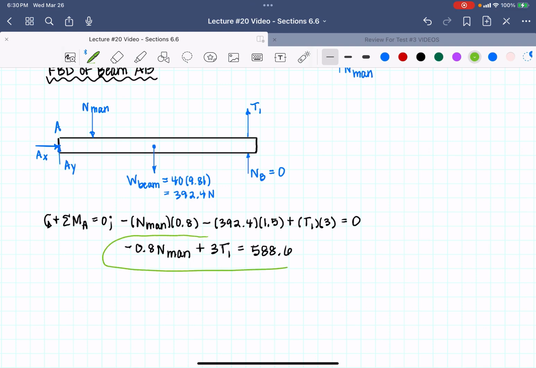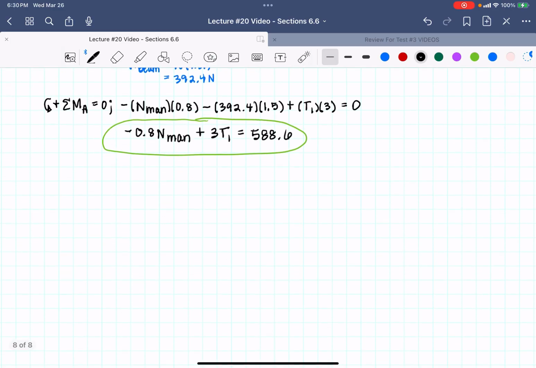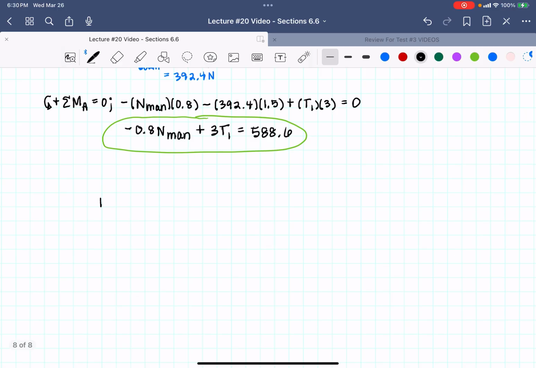So now I'm going to write my matrix using those three equations. So I'm going to draw my matrix. I have T1, T2, and the normal force of the man as my three unknowns. In my first equation, I had 2T1, this was at the pulley, and -1 of T2, and 0 for the normal force of the man, since it wasn't in that equation.